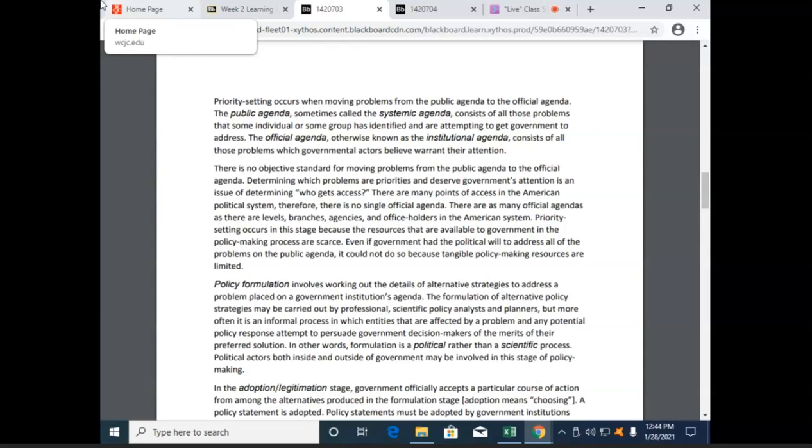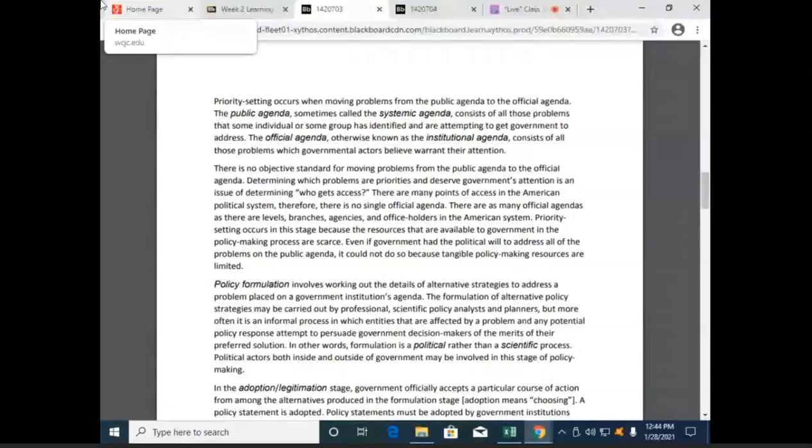Many of you are probably aware that at the national level of government, there are three branches of government. There's a legislative branch, an executive branch, and a judicial branch, right? There's the Congress of the United States, there's the president, and there are the courts, right?